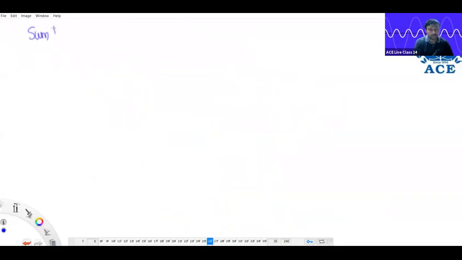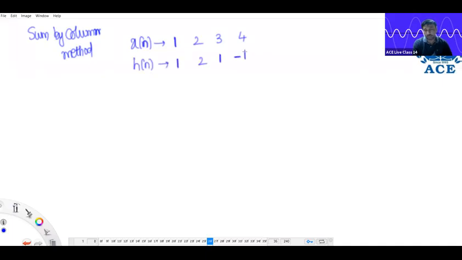What we are doing in the sum by column method is, however we do polynomial multiplication, we will follow that process. Take the samples of the input and system.